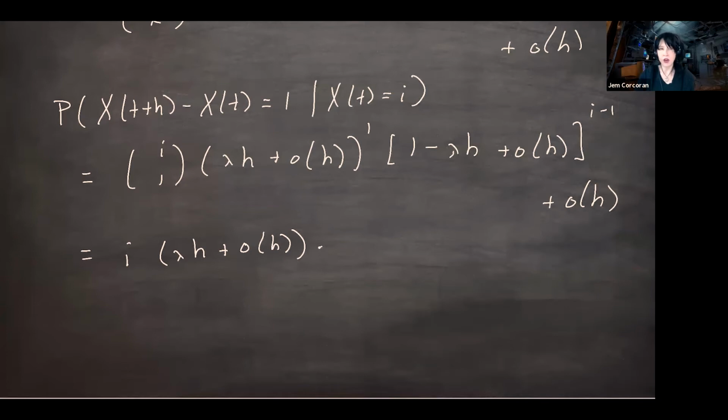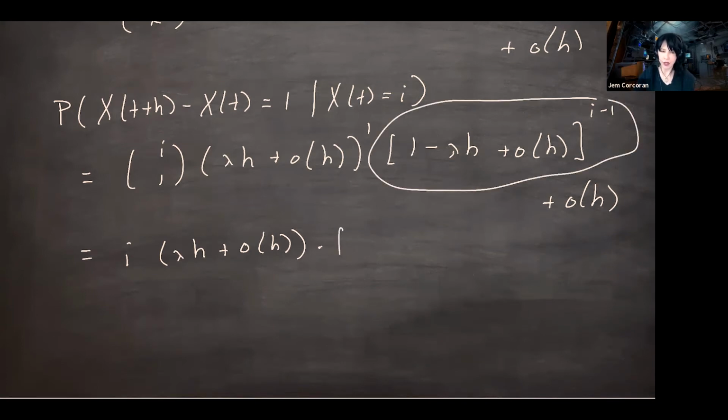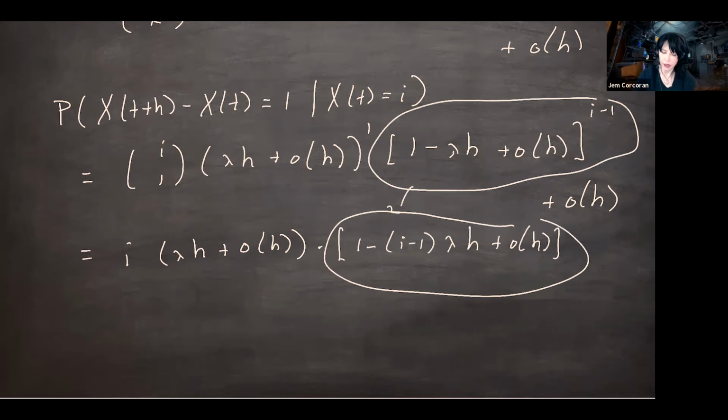But by homework 7, problem 2c, we have rewritten this as 1 minus I minus 1 lambda h plus little o of h. So we went from here to here by problem 2c on homework 7. And then I still have the final little o of h hanging out at the end.